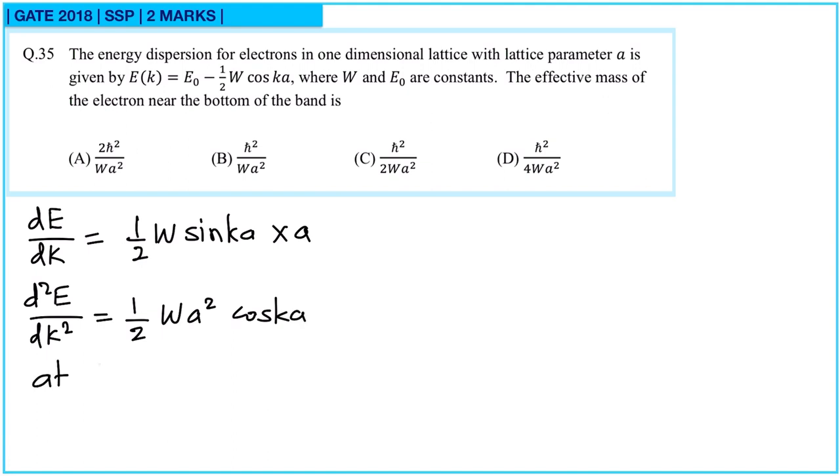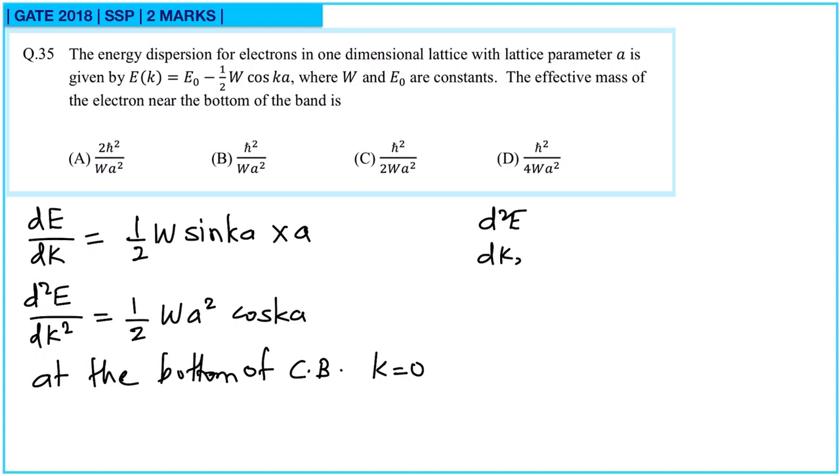Now at the bottom of the conduction band, we have k is equal to 0. So d²E by dk² at k is equal to 0, if I put k is equal to 0 here, will be equal to half omega a square.